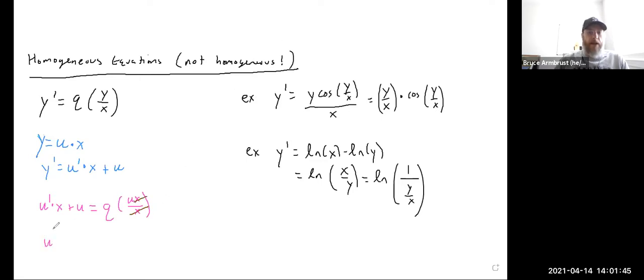So we've got u prime times x plus u equals q of u. So what is this u? Don't really know. But I know that if I multiply it by x, that's my solution.